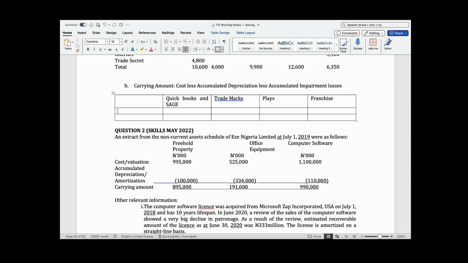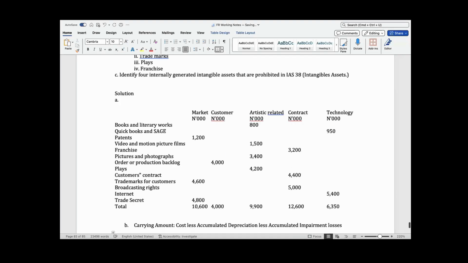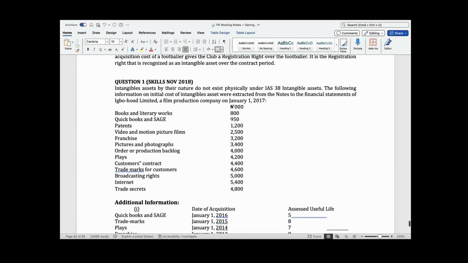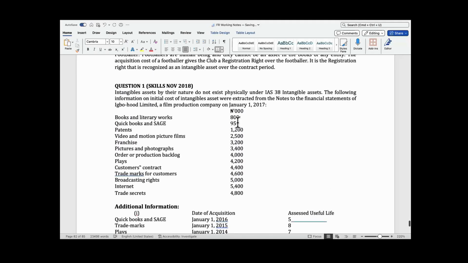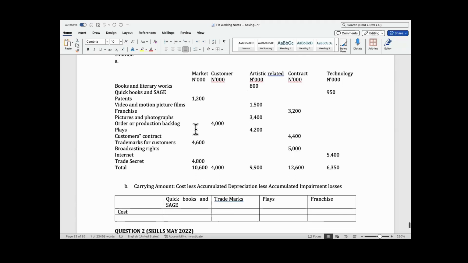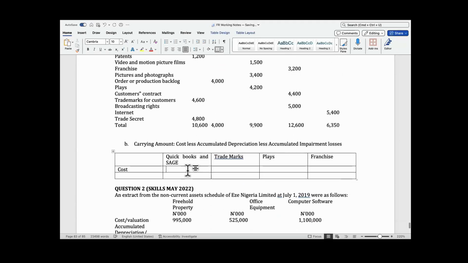So, what's the cost of Sage? Is 950, Abi? 950. Don't forget to put your level of rounding off. Very important.